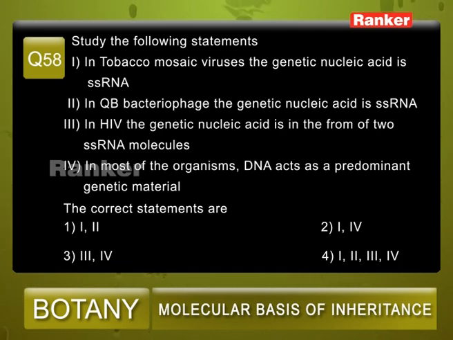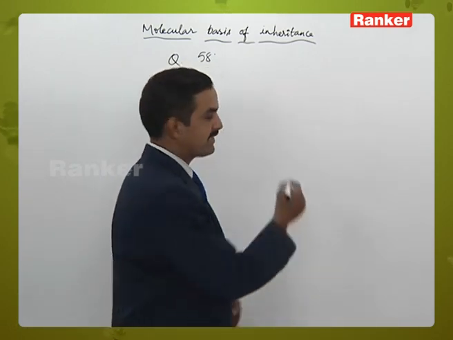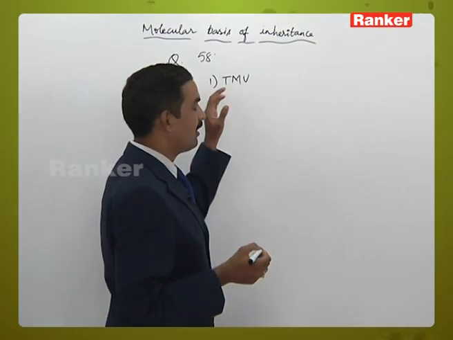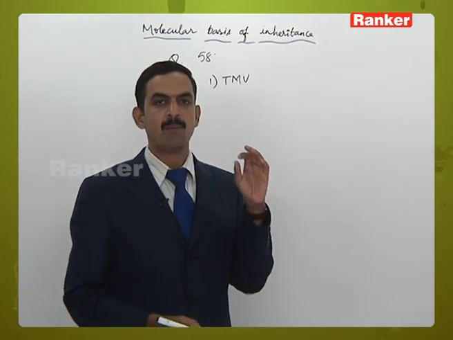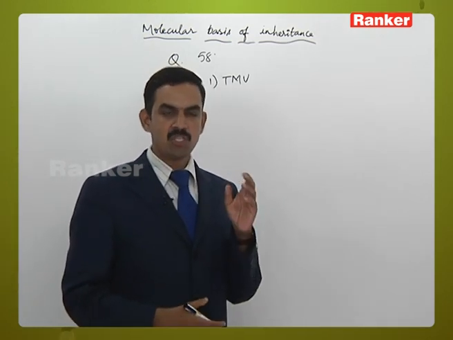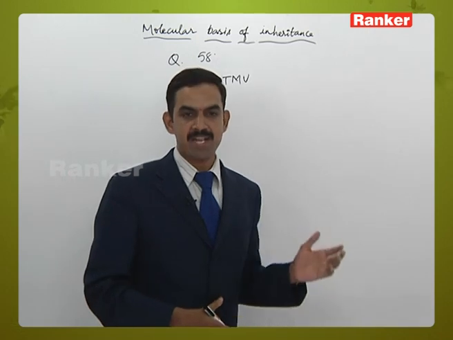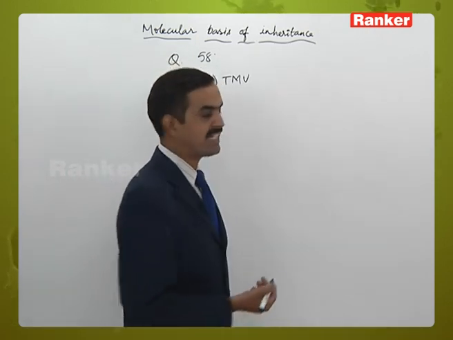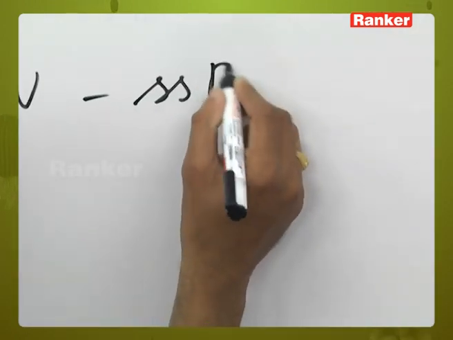So let's come to the first one, that is TMV, tobacco mosaic virus. This is a typical example of a plant virus, and in most of the plant viruses, the genetic material is in the form of RNA, that is, single stranded RNA. So this is correct.